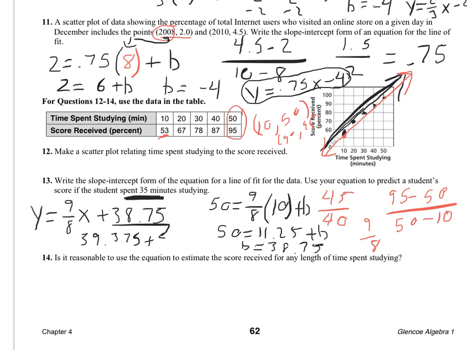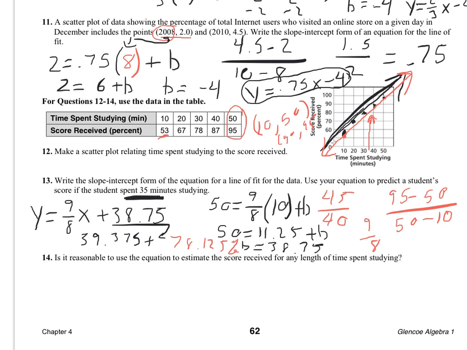We should get a score of around, in our case, and this is what my number gave me, 78.125%. If we look at the model, yeah, I'm probably right in there, because 35 would be right in here somewhere, pretty close. Maybe my model looks like it could be more about 80, but that's just where my numbers might be a little off. I didn't do a very good job drawing a straight line.